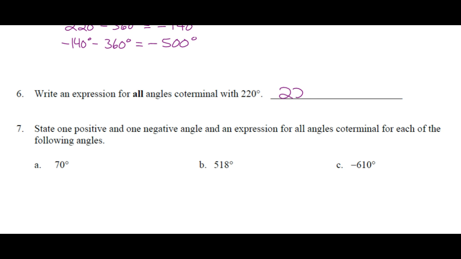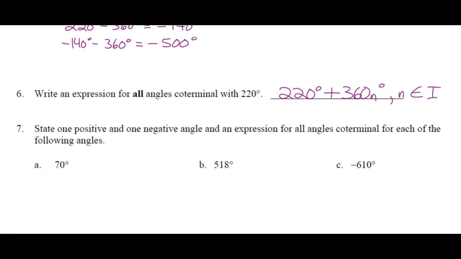So we're going to start with 220 degrees, and we are going to add 360n degrees, where n is any integer. So say n belongs to the integers. So n could be 0. Well, if n is 0, what do you get? Just 220. n could be 1. What do you get? 220 plus 360.